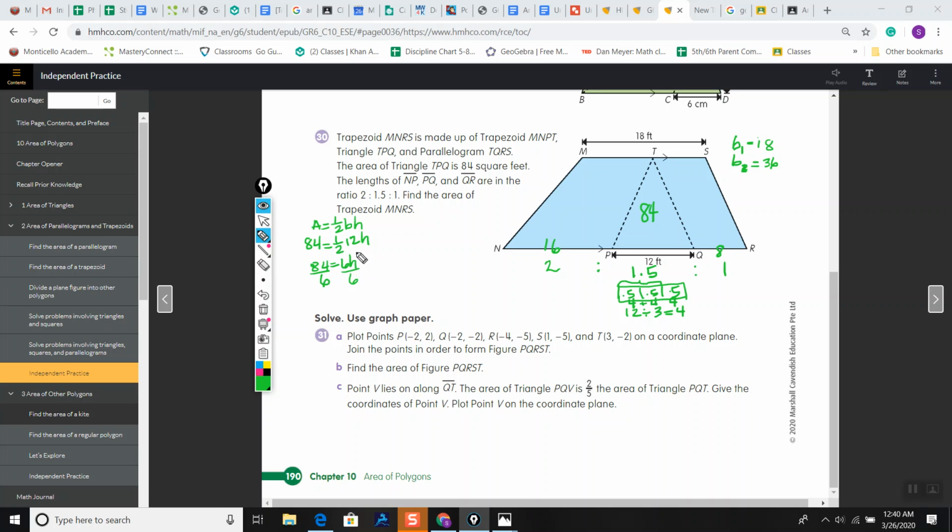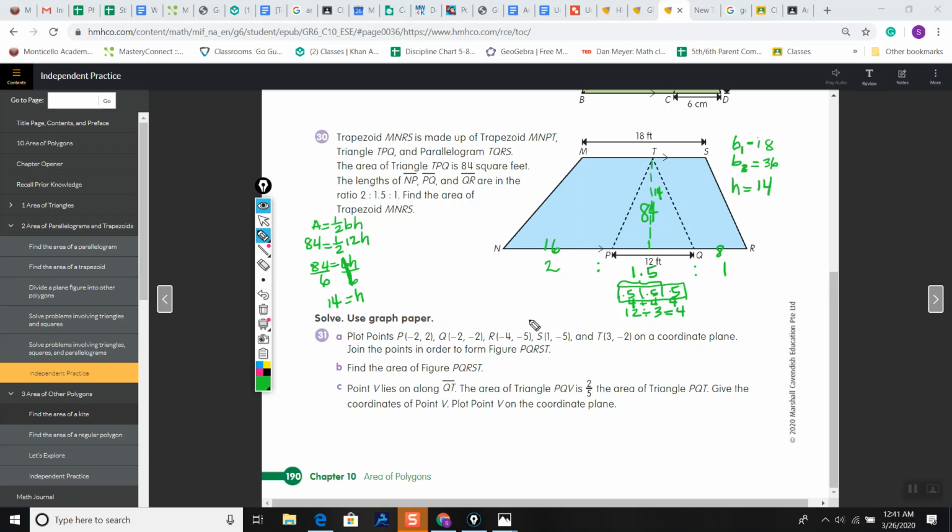That makes it a 1, and 84 divided by 6 gives h equal to 14. Another one where our height is 14. So this height is 14.